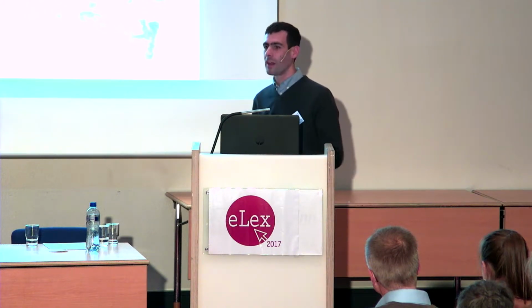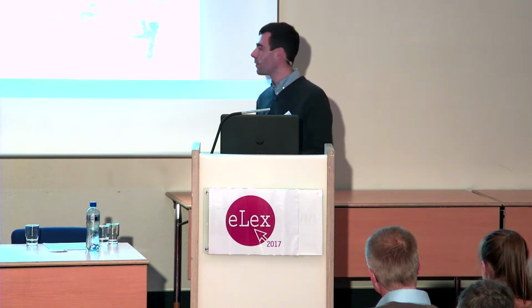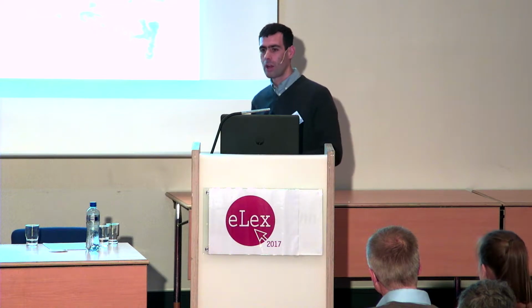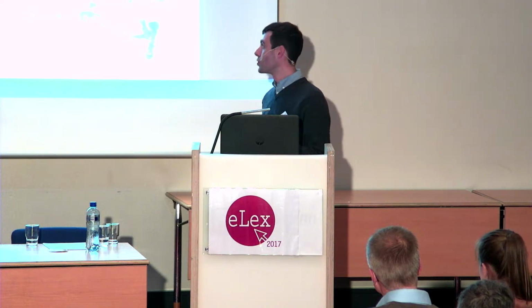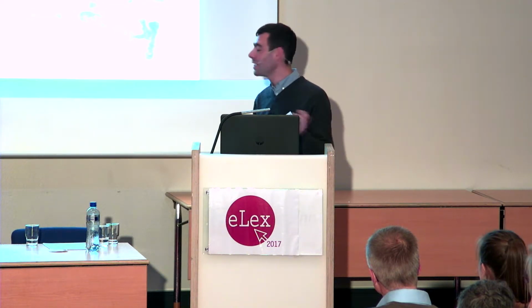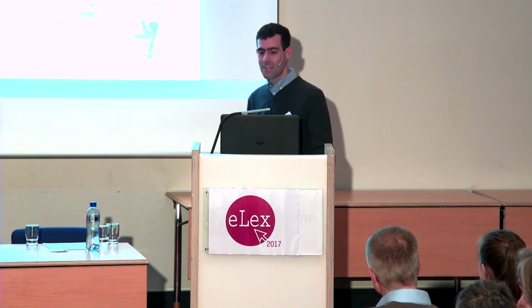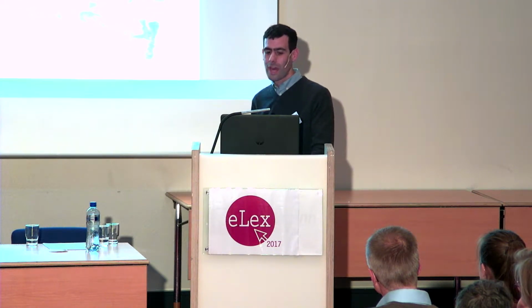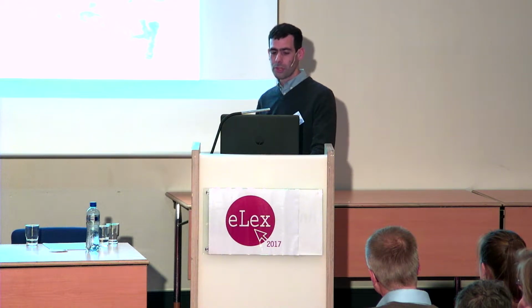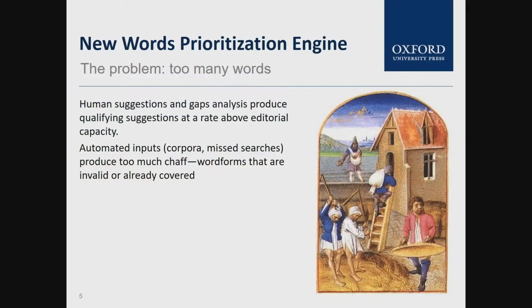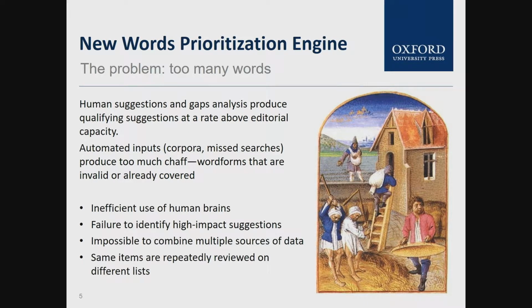We have a large body of editors from the Oxford English Dictionary and our current English dictionaries who produce suggestions every day. We have thousands of suggestions in our databases. We analyze against our other dictionaries to see what's missing in different data sets. And we have many, many words that qualify. Anything that we do in an automated way is going to produce far too many suggestions. So we need a way to get the wheat from the chaff.